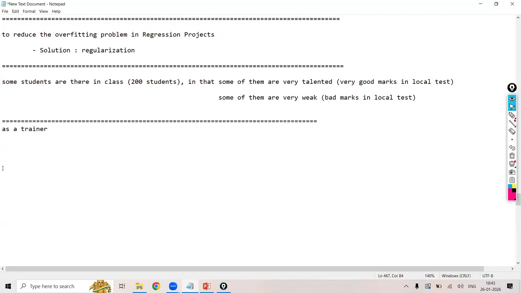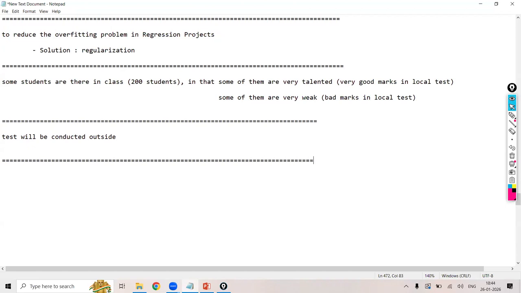Now these students are going to face the real world challenge. In the local test only, na? Now the test is going to be conducted outside. The students are going to write the exam outside, that is, the interview. My students have to perform very well.